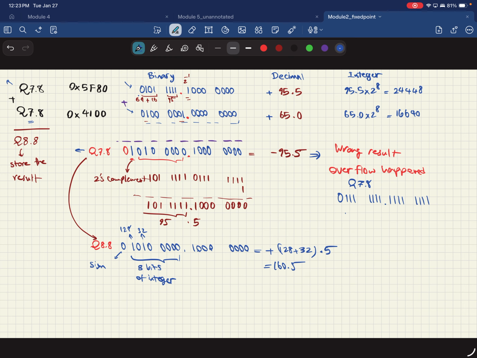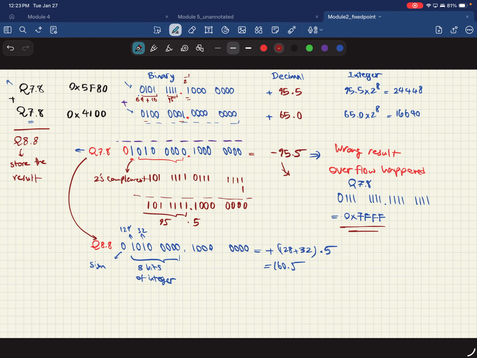In hex, this is equal to 7FFF. And that's your code: replace that overflow value with this.